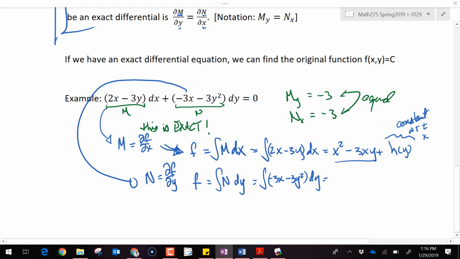And this is going to be minus 3xy minus y to the third power. Again, there's some constant with respect to the other variable that we're not using, so we'll call it g of x. Constant with respect to y.